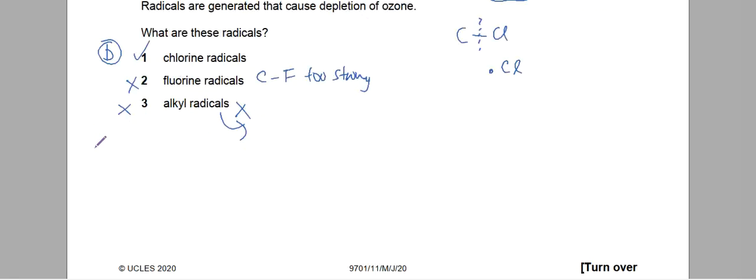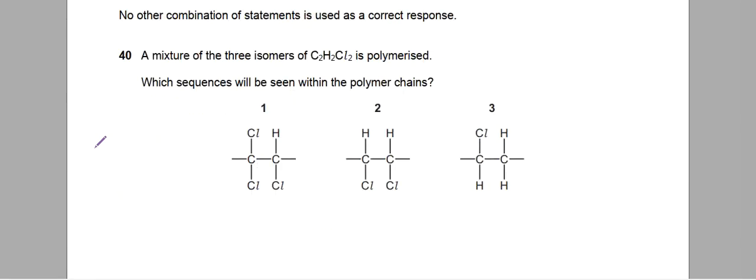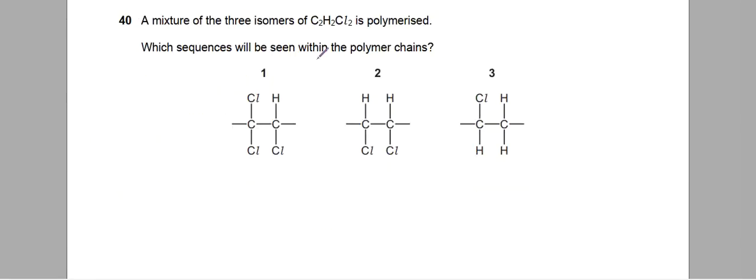Last question, question 30. Three isomers of the monomer. We can take a look at three possible isomers. We can have this one, with H on the same side and 2 Cl on the other side.